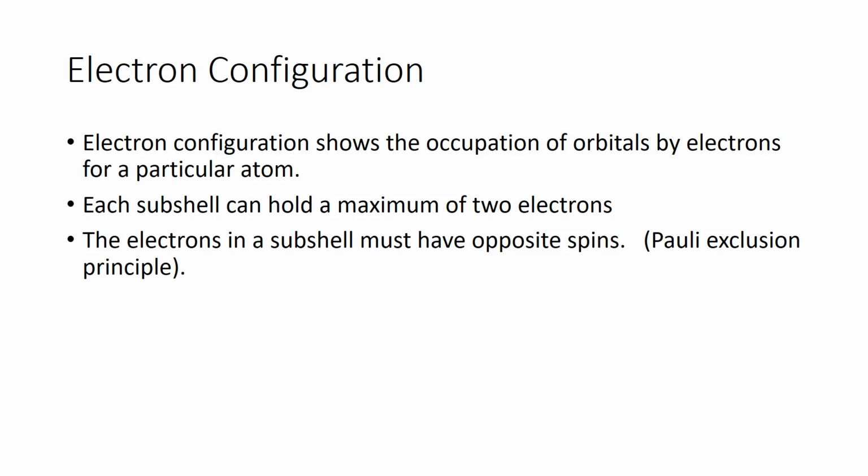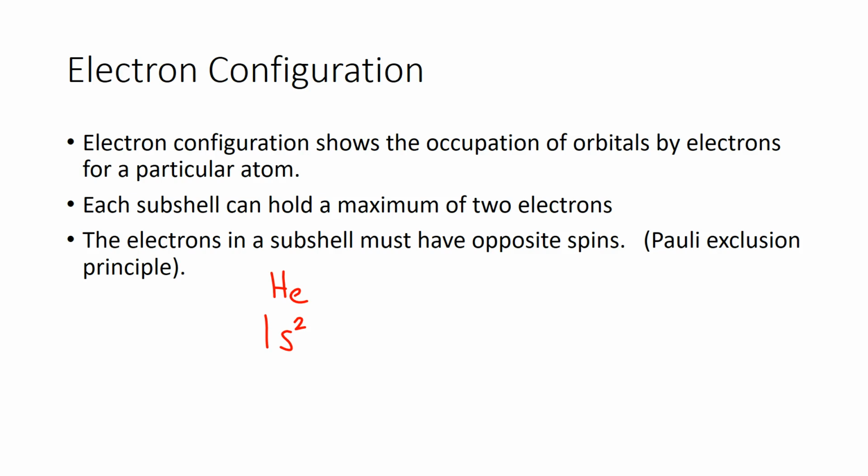If I were writing an electron configuration for helium, what row is helium on? It's on the 1 quantum level. Technically it's in the s block. And how many electrons is it going to have? 2. So I'm going to say 1s2. That's how I would represent helium as an electron configuration.